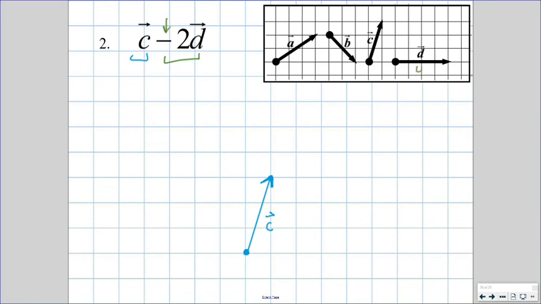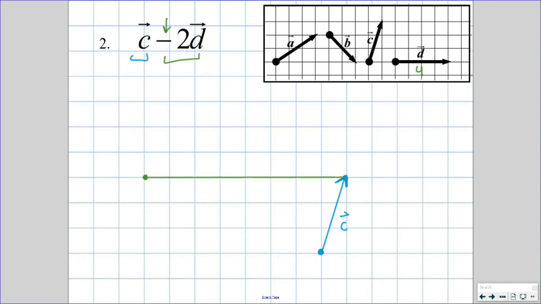So D is 4 units long to the right, which means negative 2D is going to be 8 units long to the left. 1, 2, 3, 4, 5, 6, 7, 8. I'm going to move this so that I have a little bit more space to draw negative 2D. Straight 8 units to the left. 1, 2, 3, 4, 5, 6, 7, 8. There we go.